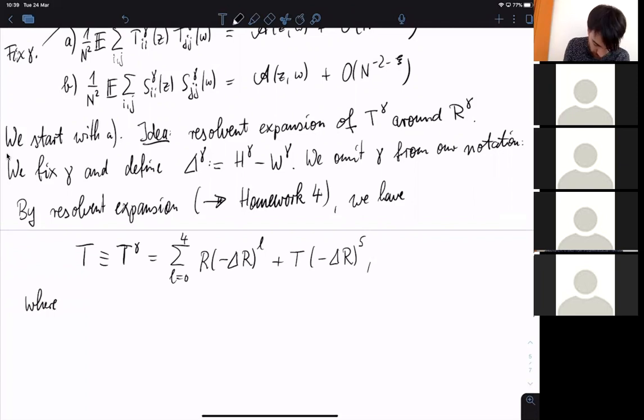Sorry, I omitted the gamma; delta is delta of gamma.